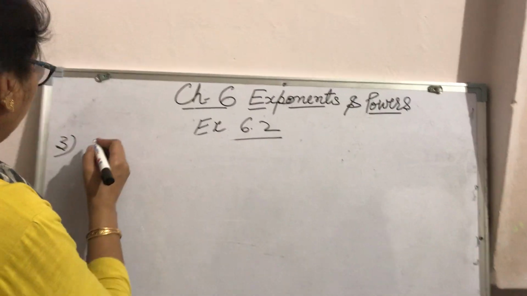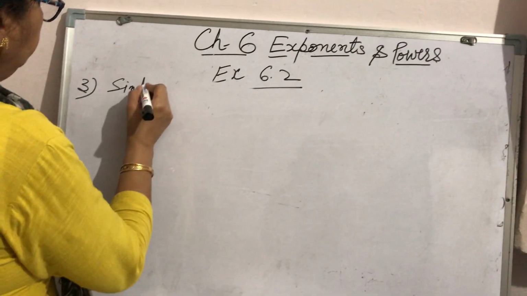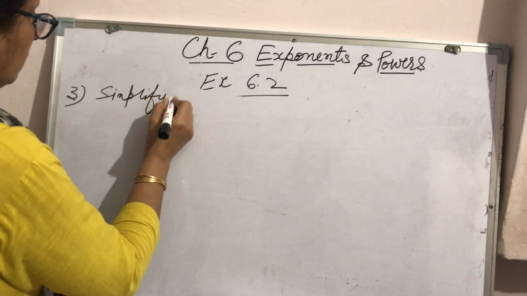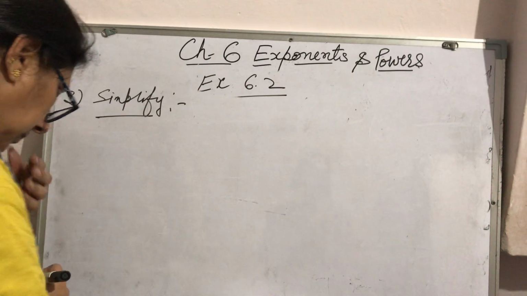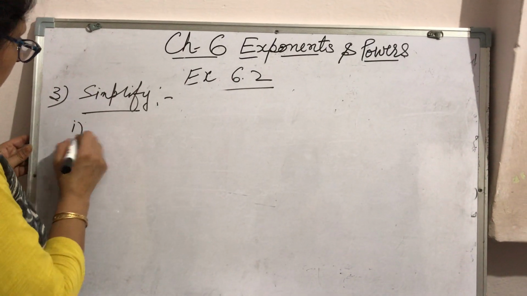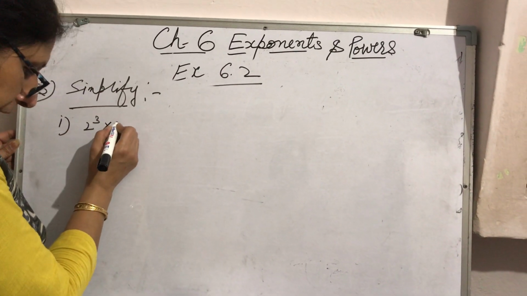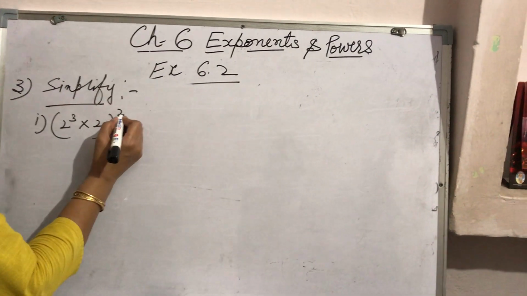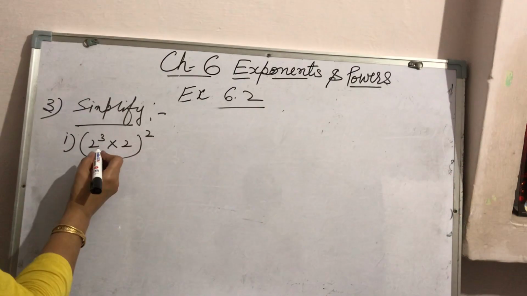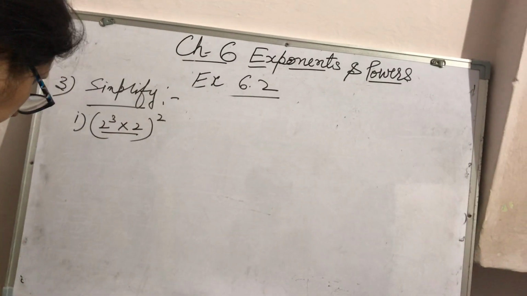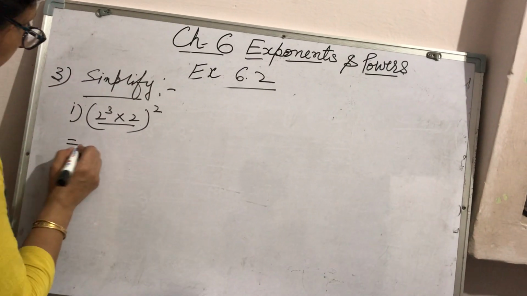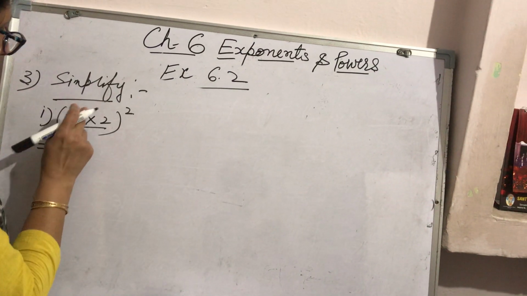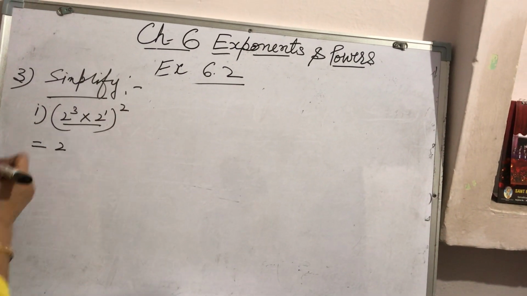Third question is simplify. First part, 2 raised to power 3 multiplied by 2, whole power 2. First of all, we should solve inside the bracket. The power should be solved first. 2 raised to power 3 and here 2 raised to power 1.